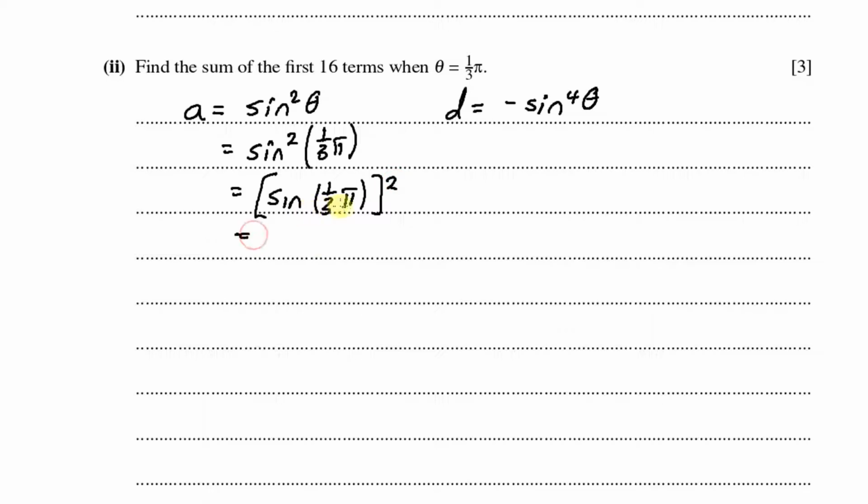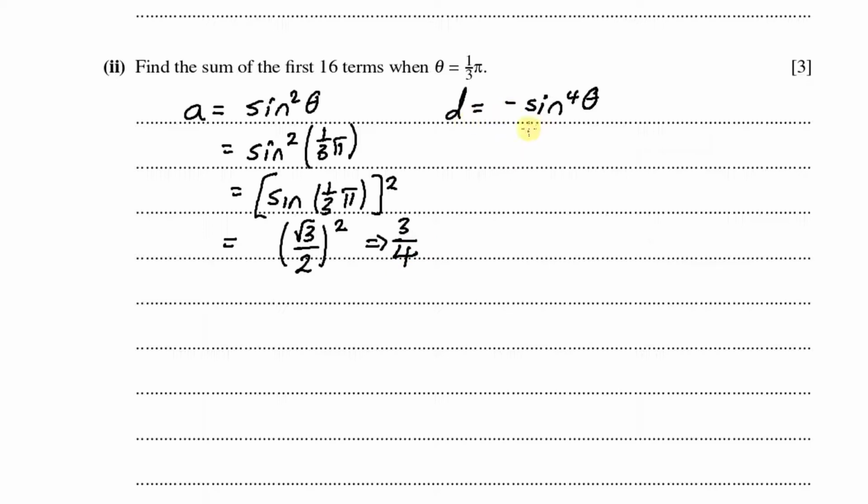Now, sine of a third pi is like sine of 60 degrees. And if you know your common trig values, the sine of 60 degrees is root 3 over 2. Now you can even use a calculator for this. So that's like root 3 over 2 squared. So root 3 squared is 3, and 2 squared is 4.